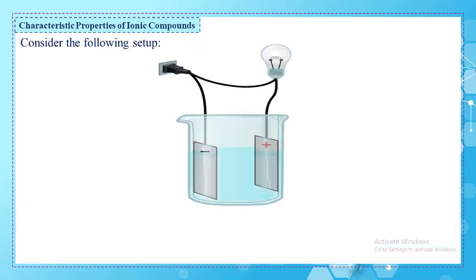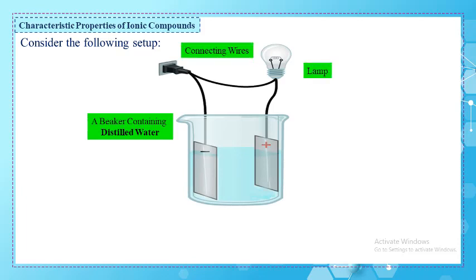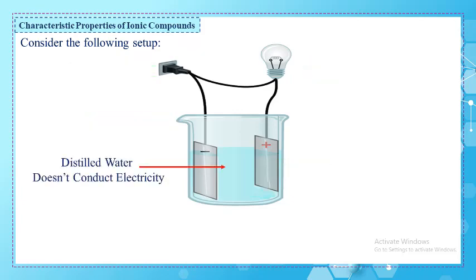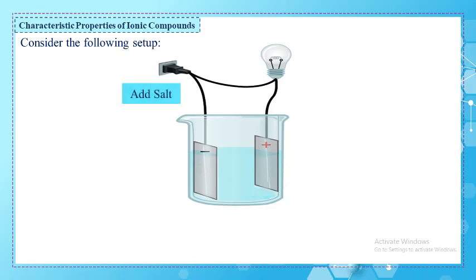Consider the following setup, made up of a beaker containing distilled water, a lamp, connecting wires, an electric power supply, and two electrodes. Distilled water does not conduct electricity. It is called a non-electrolyte. However, when salt is added, the lamp glows.